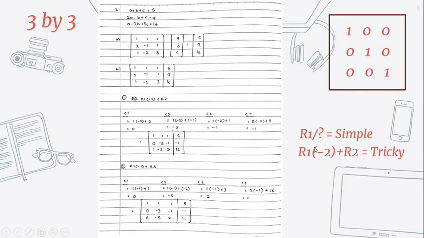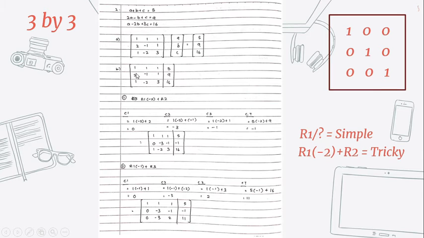And of course, for 3 by 3, we also use these two formulas, the simple one and the tricky one. For step 1, we want to make sure this row 1, column 1 is 1, right? Because this is already 1, we look at the next column.